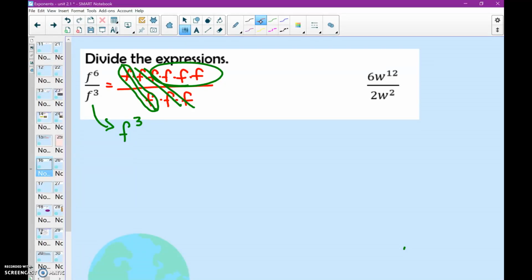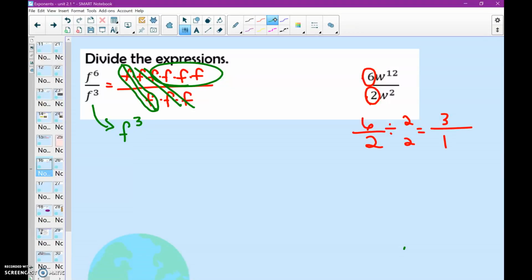Over here, kind of similar to what we did before, we pay attention to those coefficients. We have 6 divided by 2. You're not going to do anything different with those. 6 divided by 2, you can either realize that 6 divided by 2 is just 3, or you can reduce the fraction. If you divide both of them by 2, you get 3 over 1. Same thing as 3.